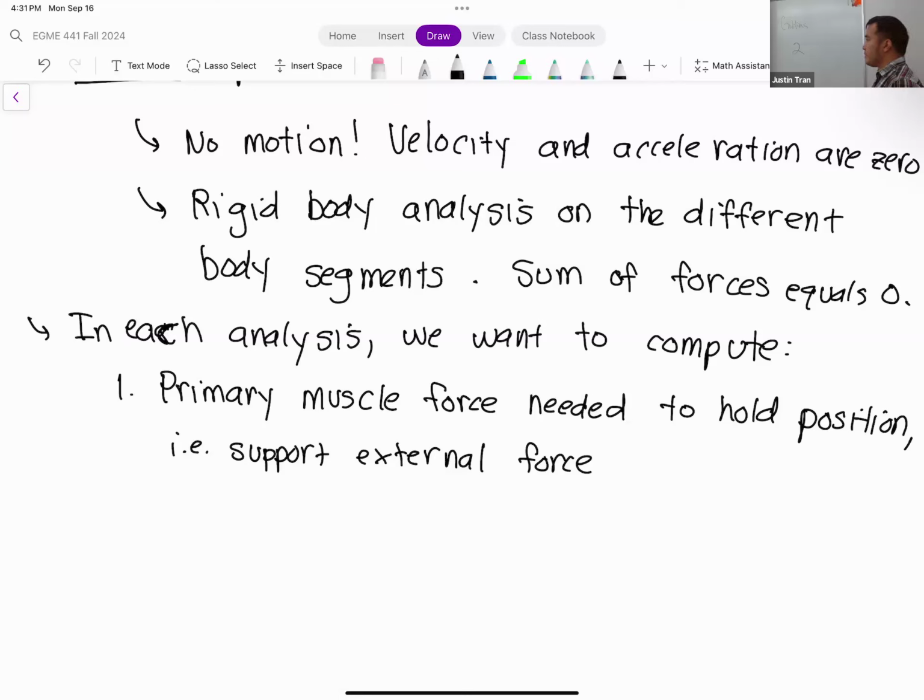In almost every situation that we're going to look at, there's some external force acting on the upper extremity, and in order to oppose that, your muscles need to exert a certain force. We're interested in computing that. And the other thing that we're going to compute, usually two components of this, is the reaction forces at the joints.